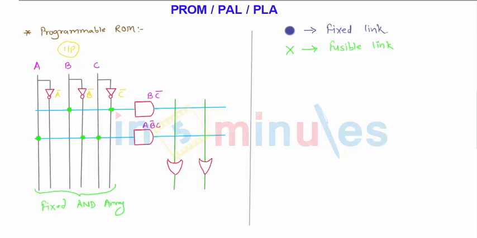To get the OR, let me say the first function consists of this one only, and the second one is nothing but both the links are associated with.